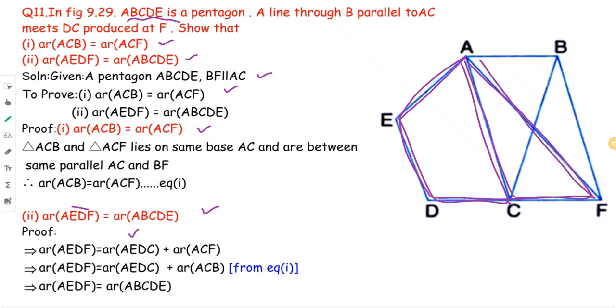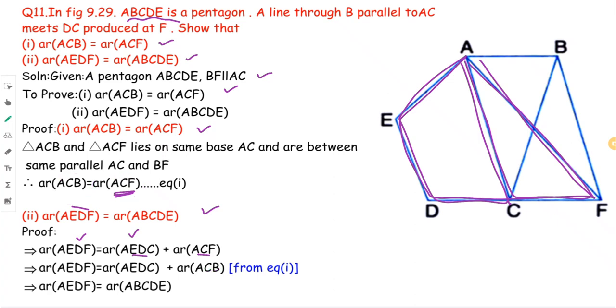This AEDF is made of two parts, AEDC and ACF. But now if you look at the first equation, we have already proved that ACF equals ACB, which means in place of ACF, can I write ACB? We can write. So that is what we have done here.